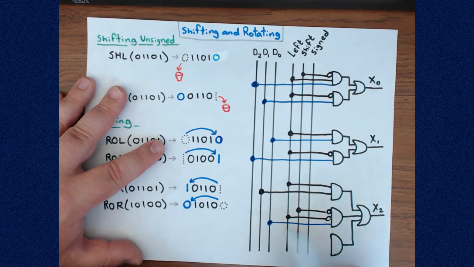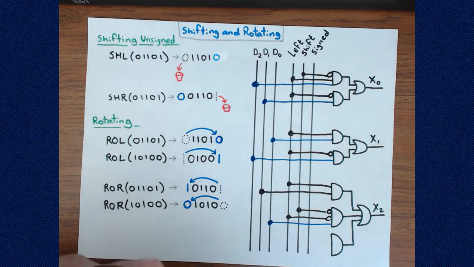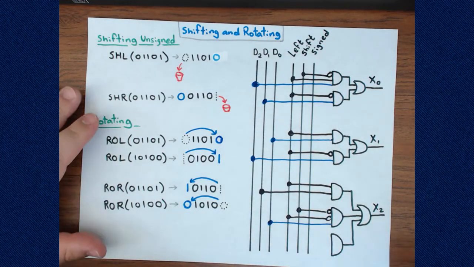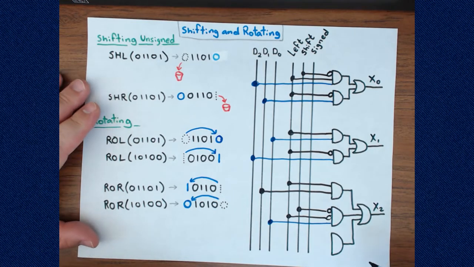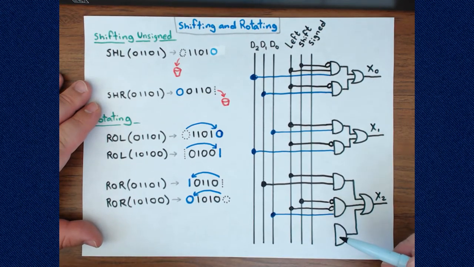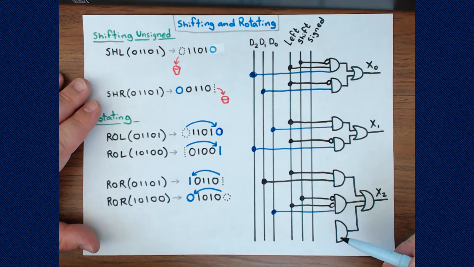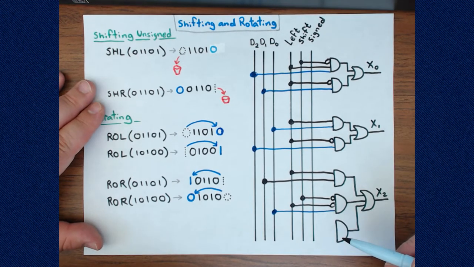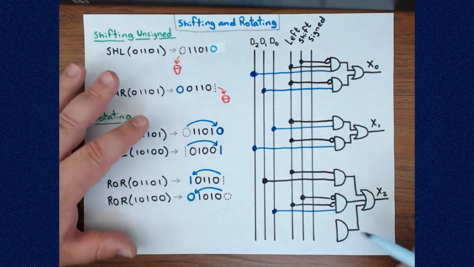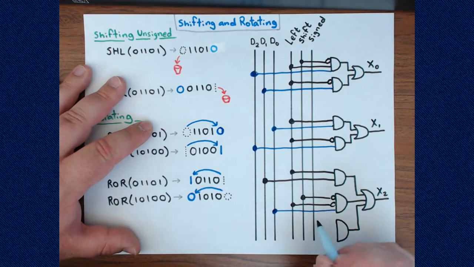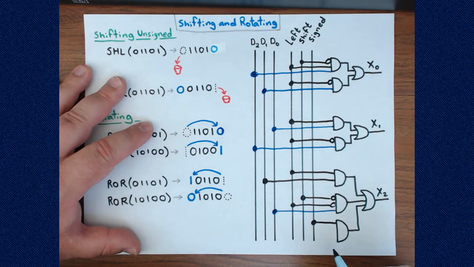And there it is. All right, for our final piece of output, or our final condition that we need to route data for, is when we have a signed right shift. When we're doing a signed right shift, we need to sign extend. So first of all, we'll mark that it's signed by connecting a straight wire there.